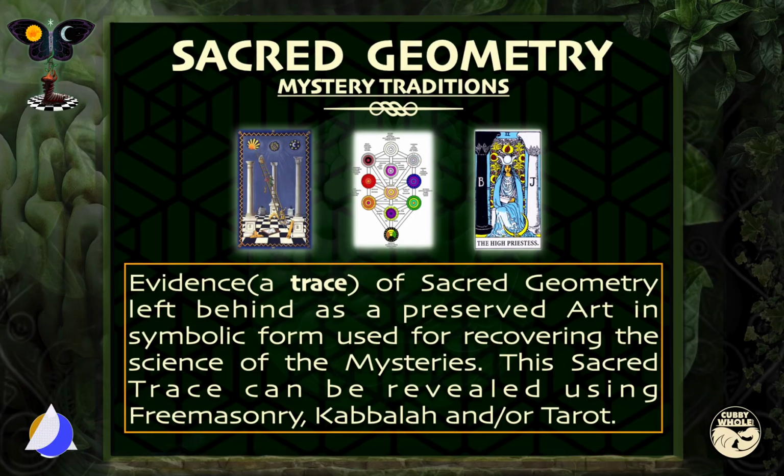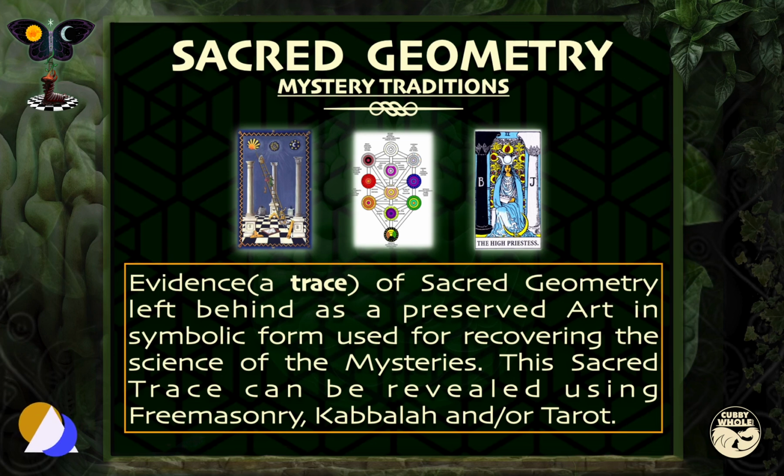Now, sacred geometry is interlaced in the mystery traditions, and the mystery traditions are evidence. They are a trace of sacred geometry left behind as a preserved landmark in symbolic form, which is used for recovering the science of the mysteries.